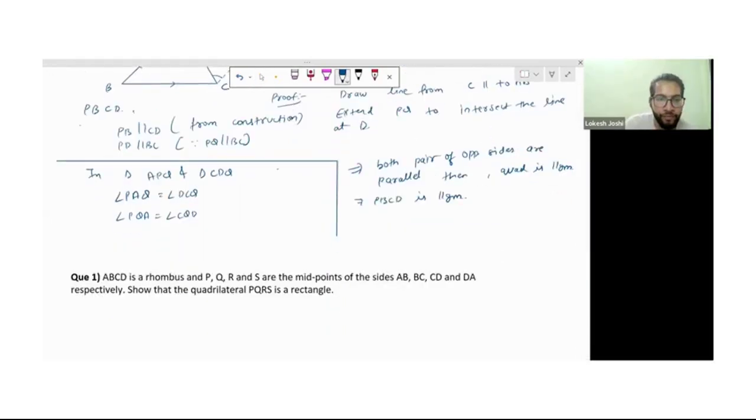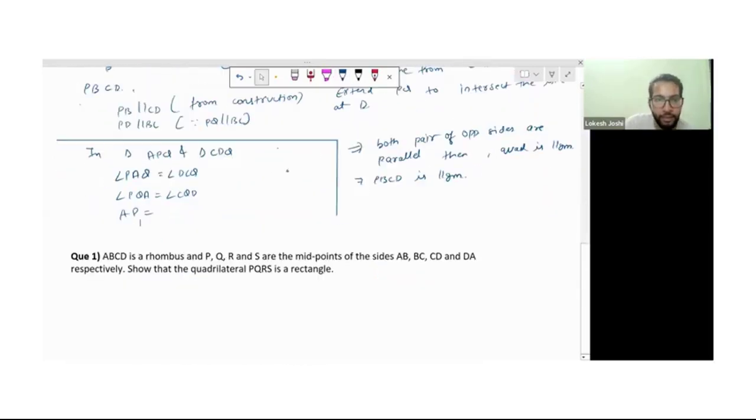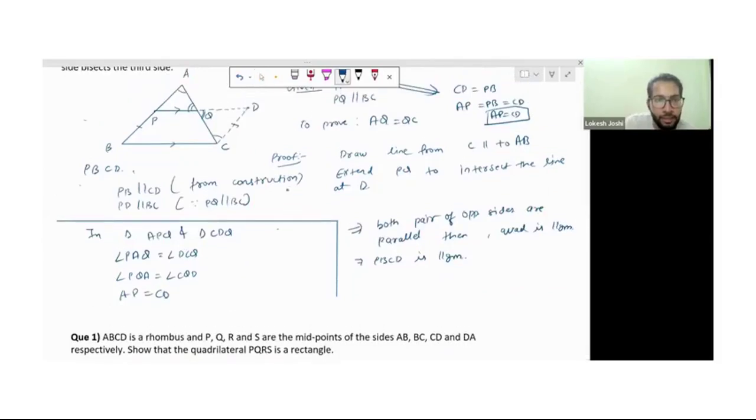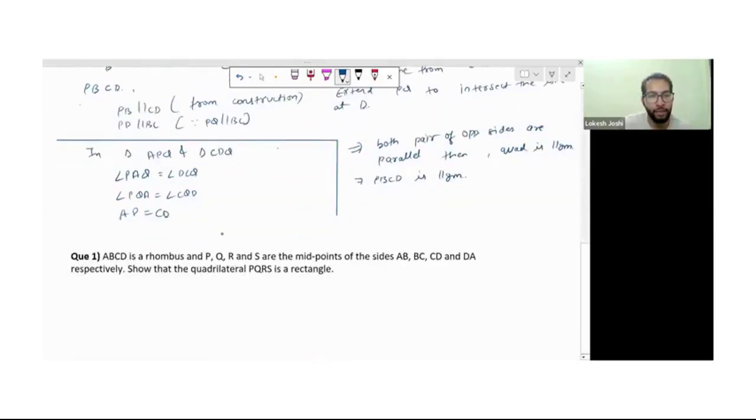We have AP equal to CD. Now, in these two triangles, these sides are equal, angle is equal. So by the angle side criteria, triangle APQ is congruent to triangle CDQ.